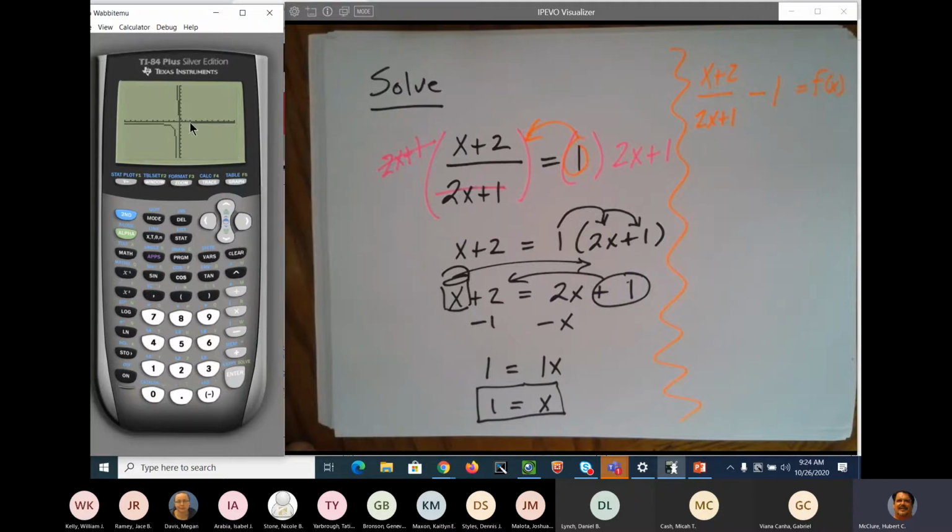So let's check it. Second trace 0. And we think it's right in there. That's the left. That's the right. And there is your x-intercept, which is (1, 0). And that's what we just found.